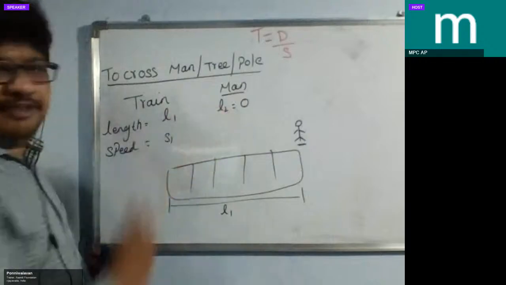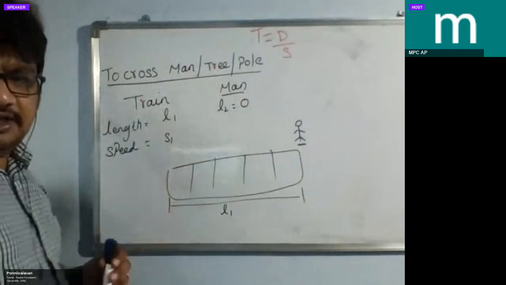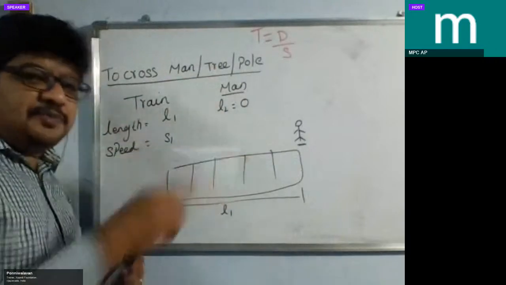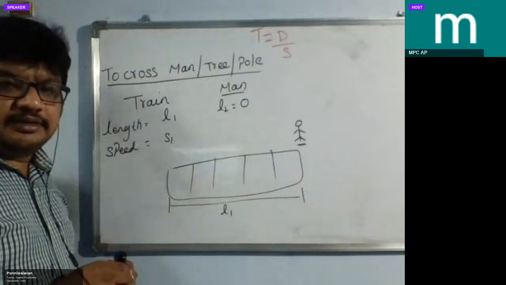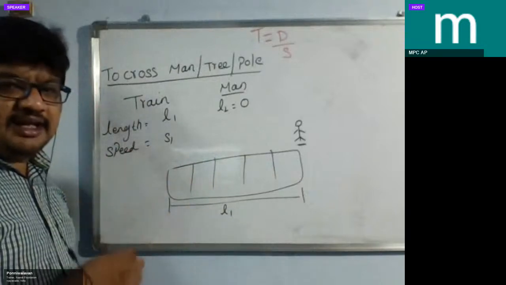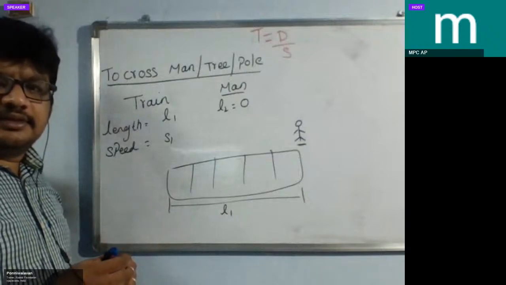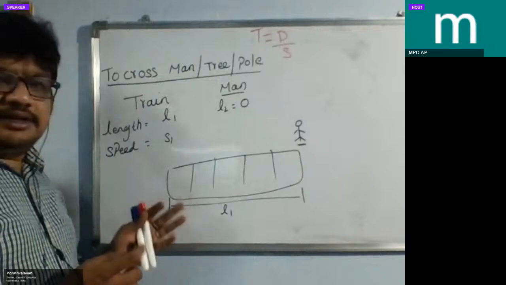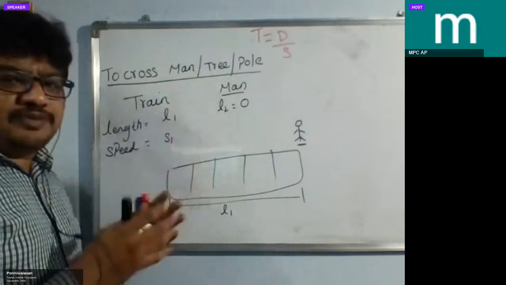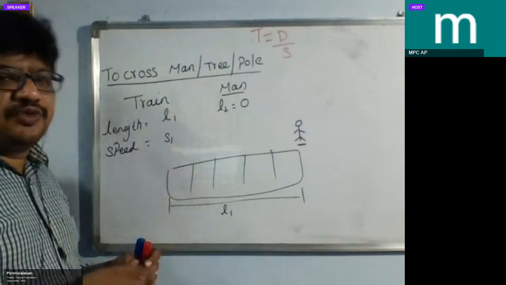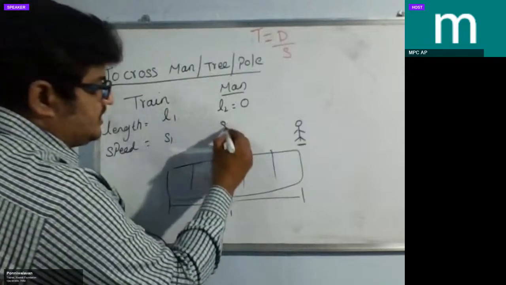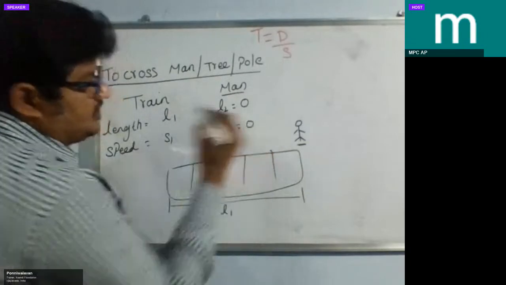What about the speed of the man, or the speed of the tree? Is a tree a moving object or a stationary object? It is a stationary object, so it doesn't have any speed, so it is 0.